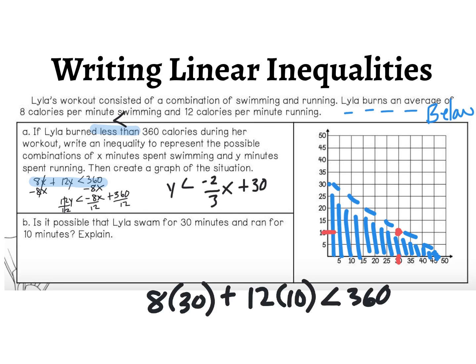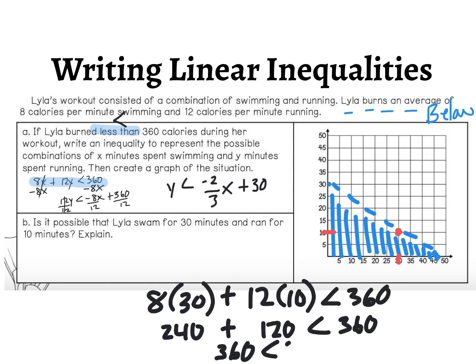And I simplify. 30 times 8 is 240. 12 times 10 is 120. Is this still less than 360? 240 plus 120 is 360. Is 360 less than 360? The answer is no.